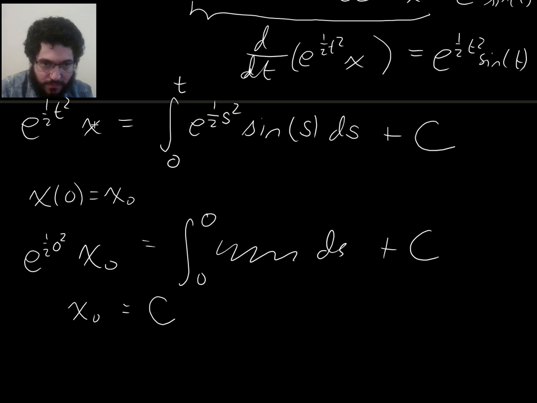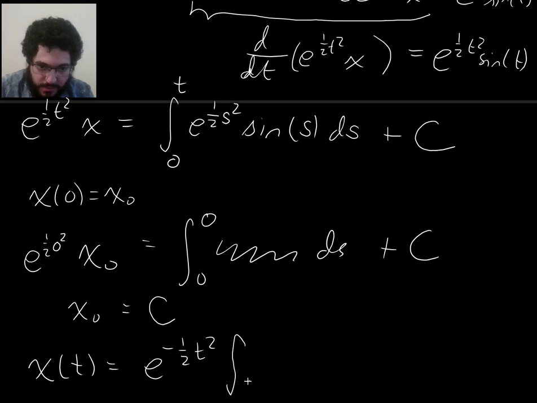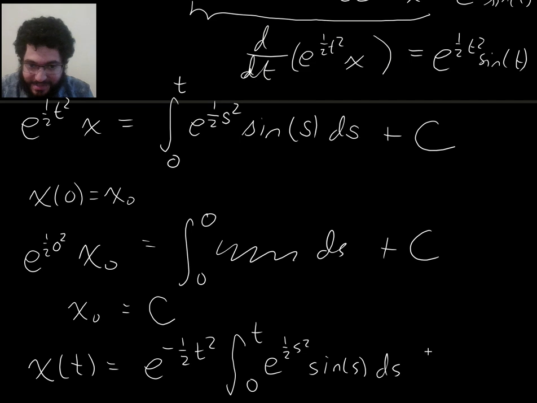And so finally, solving for x here, I'd have to divide by this thing on both sides of the equation. So x of t equals e to the minus 1/2 t squared times the integral 0 to t of e to the 1/2 s squared sine s ds, whatever this integral is, plus c times e to the minus 1/2 t squared.